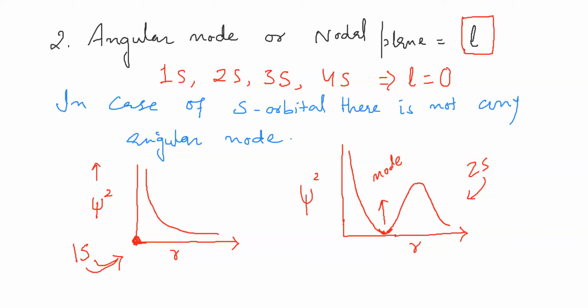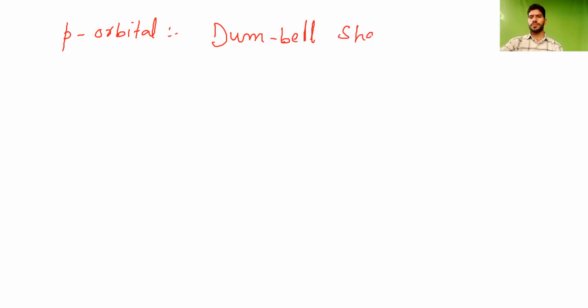Okay, then let's see the shapes of p orbitals. Let me show here the shape of p orbital. Tell me, what is the shape of p orbitals? The p orbital has a dumbbell shape.